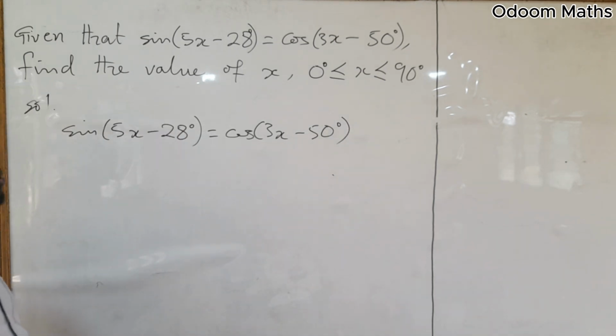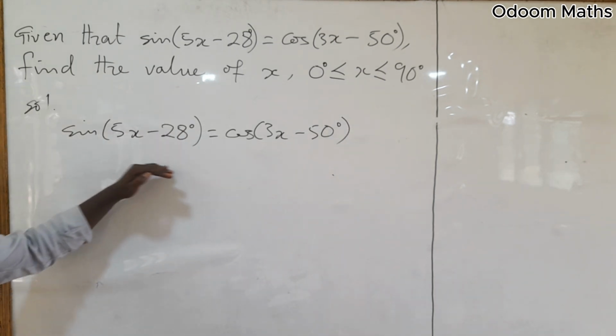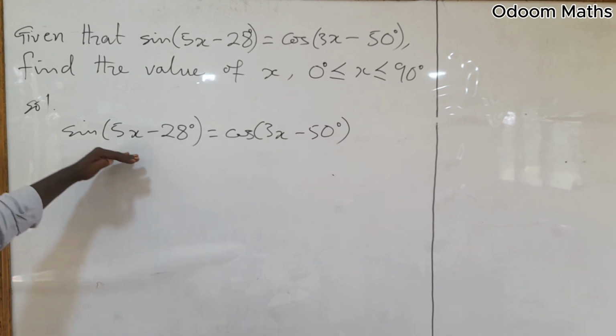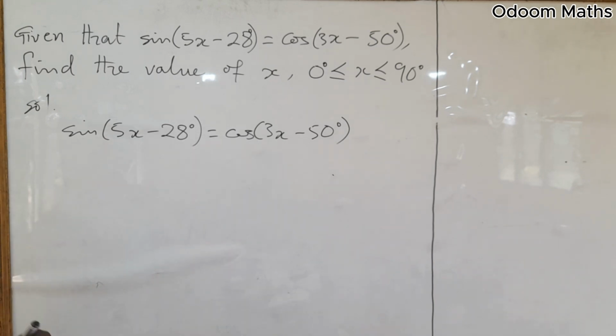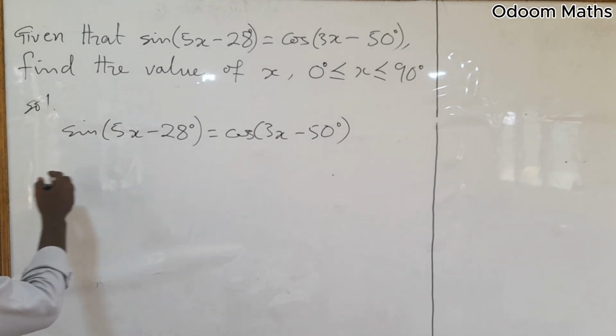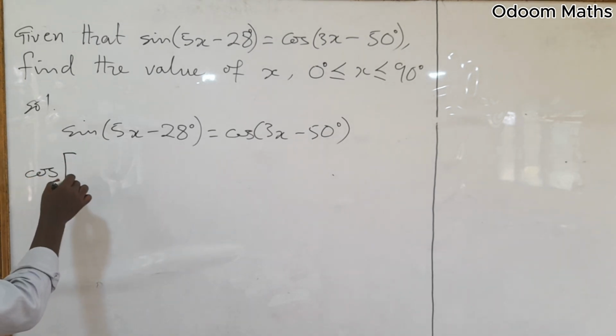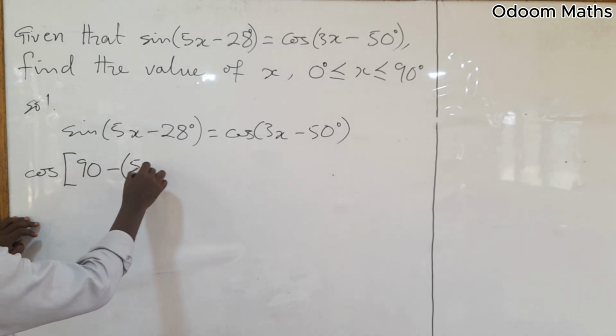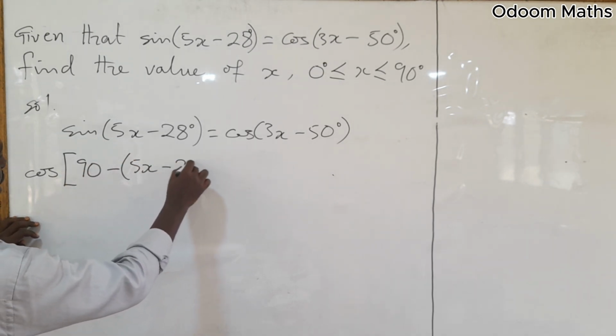We can decide to work in sine or in cos. This time let's write everything in cos. So we change this one to cos rather. This becomes cos of (90 minus (5x minus 28)).